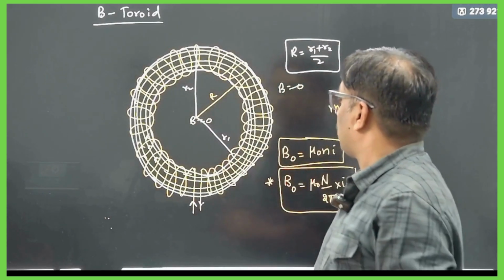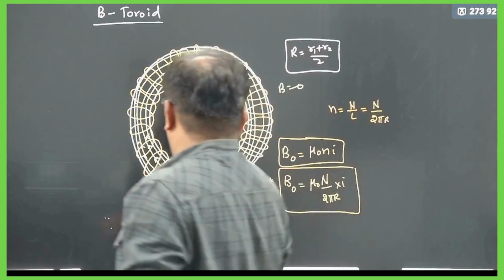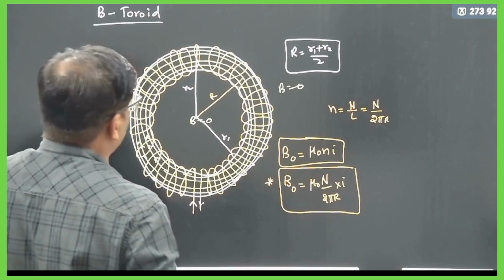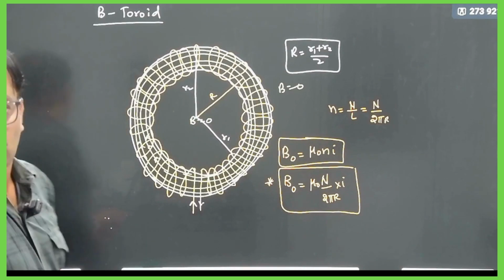You understand? Clear? In this way we can calculate the magnetic field due to a toroid.